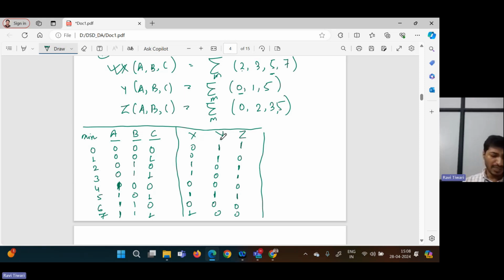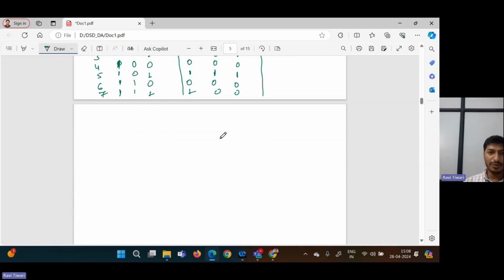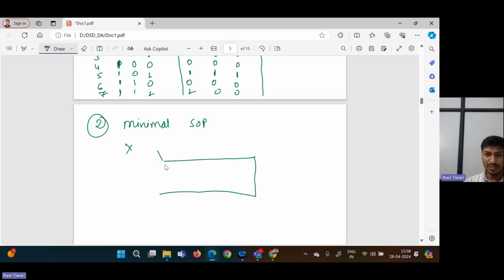Now we have to find out the expression. How can we find out? By using the K-map. So here I'm drawing the K-map for finding the minimal SOP form. So the second step is the minimal SOP form. The minimal SOP for X will have how many input variables? 3 input variables. So I am taking A on this side, and BC on this side.